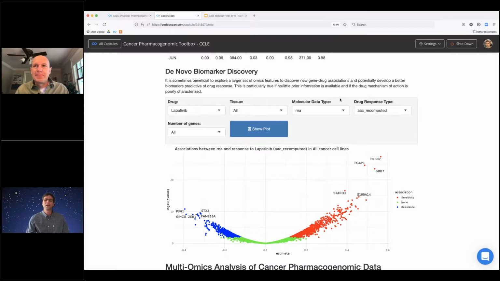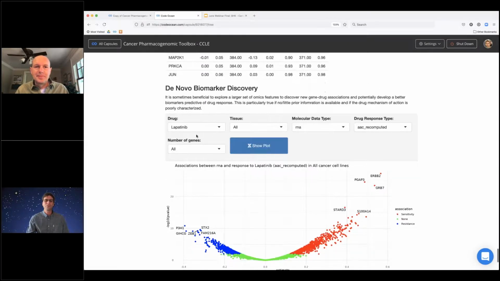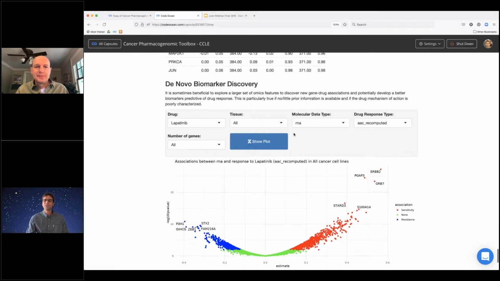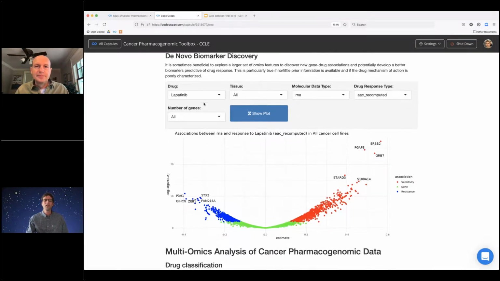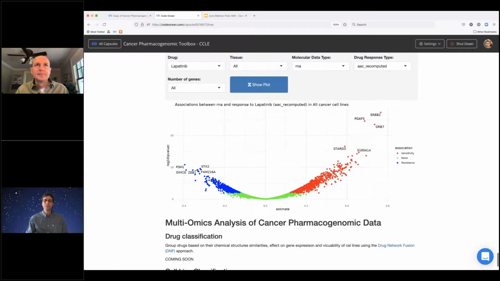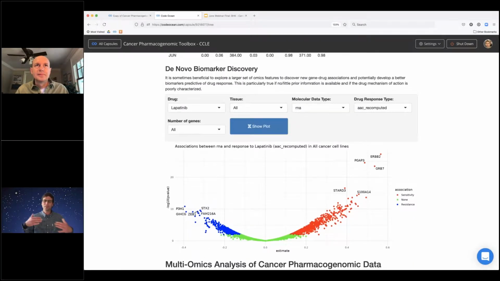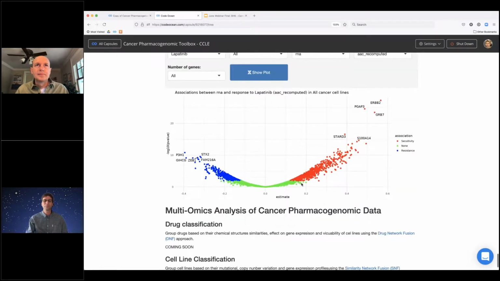Perfect. So I told you before we focused on pathways, but you can actually do a de novo analysis as well. You can look at all the genes that have been measured in that data set and find associations such as, for instance, new resistance markers of lapatinib at the RNA level. So that basically showcases how you can analyze all those omics layers separately.